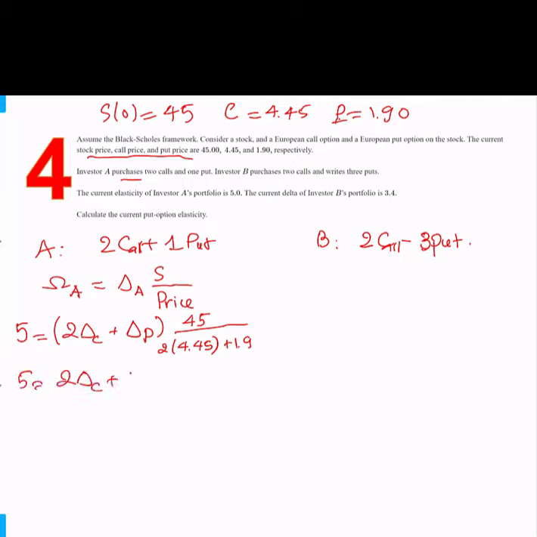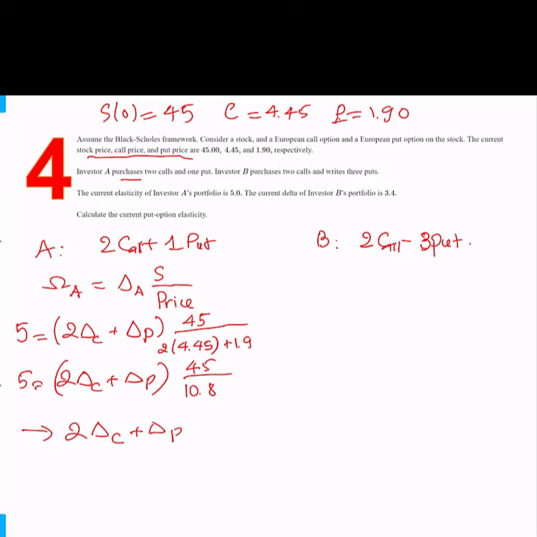So we got 5 is equal to 2 delta C plus delta P times 45 over, let me use a calculator, 2 times 4.45 plus 1.9, it should be 10.8. See that?